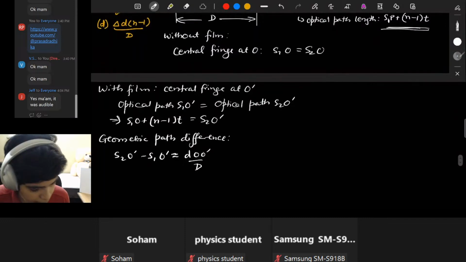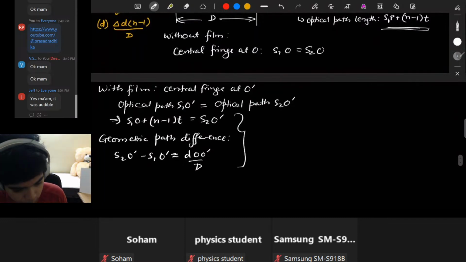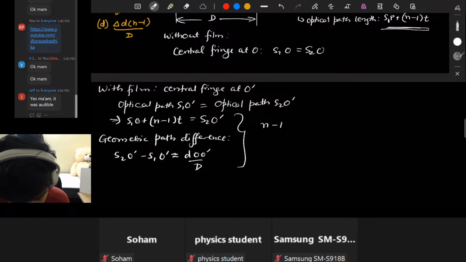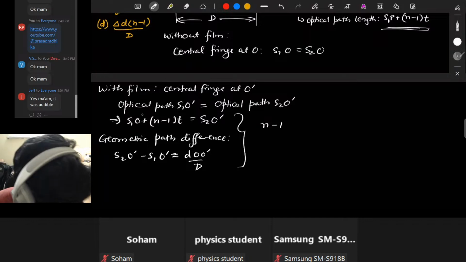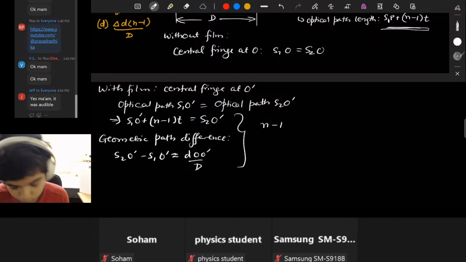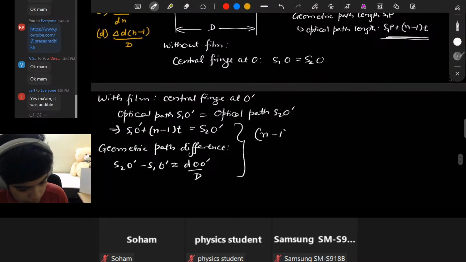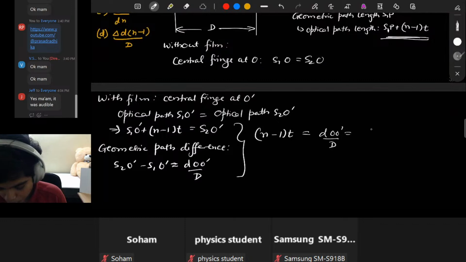So that's the geometric path difference, and combining these two, what we see is that (n minus 1) t is equal to d times OO prime over capital D, and this OO prime we are given is delta.